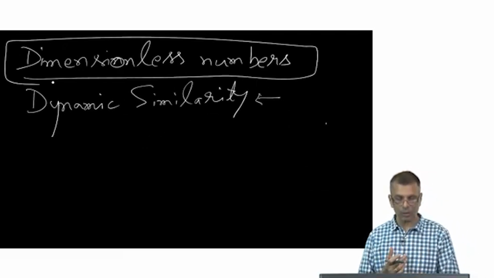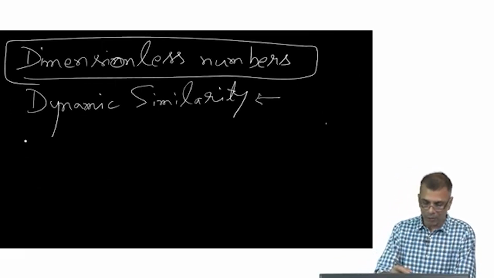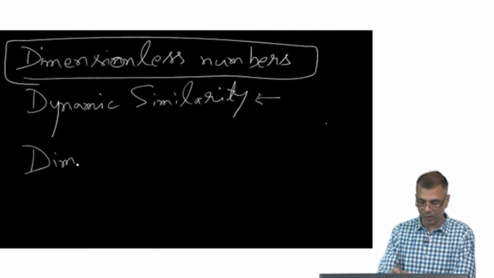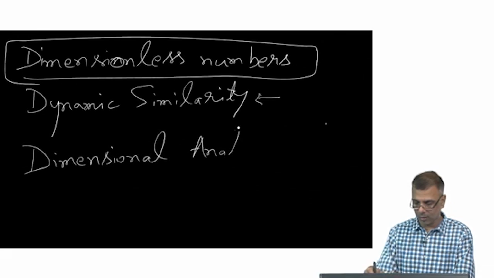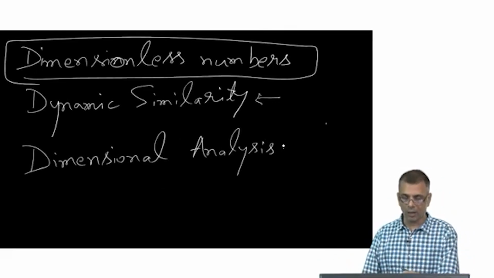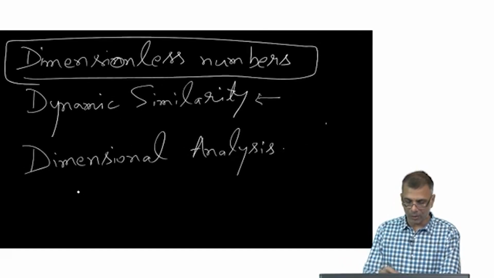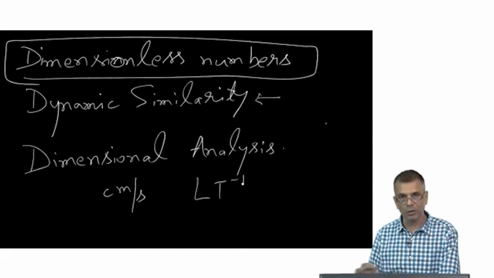And underlying this whole concept of dimensionless numbers is the familiar concept of dimensional analysis, which you must be familiar with, doubtless. Which is simply saying, well, what are the dimensions of speed? Well, the dimensions of speed are something like centimeter per second or L T raised to -1, and so forth.